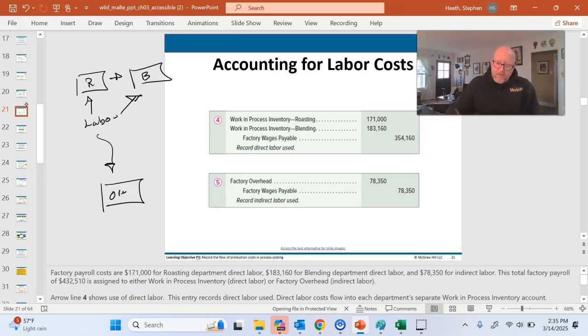And then we would credit factory payable. So this journal entry is sending labor to overhead, whereas this journal entry is direct labor going to both work in processes.